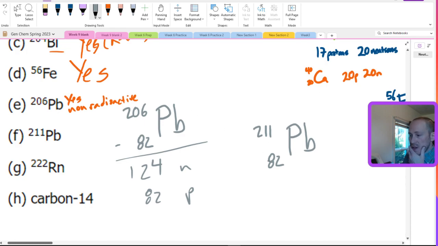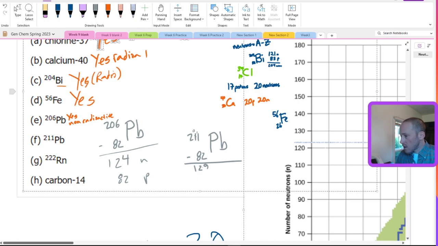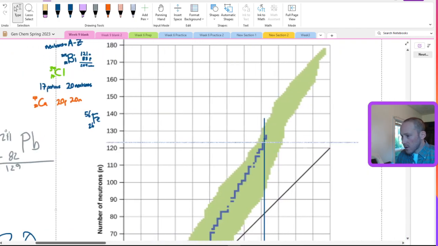So this time, 129. I probably could have done that without laying it out, but now we have 129. So this will probably lay within the band still, but it might be radioactive. Let's see, 129.